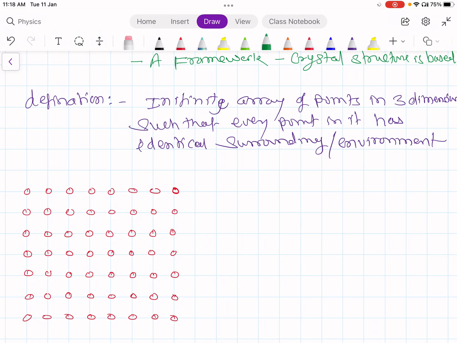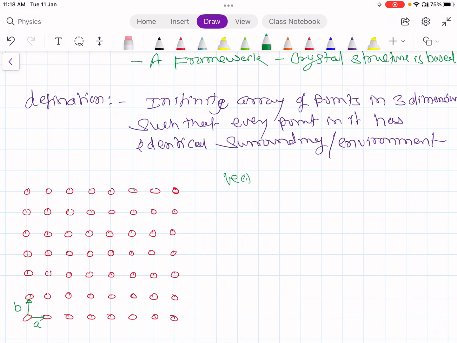So this is an array of points in two dimensions. Let us say this is vector A in the x direction, and this is vector B in the y direction.